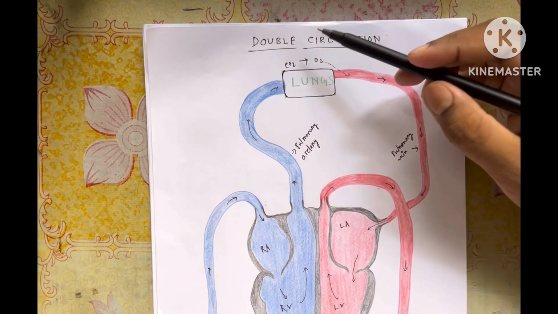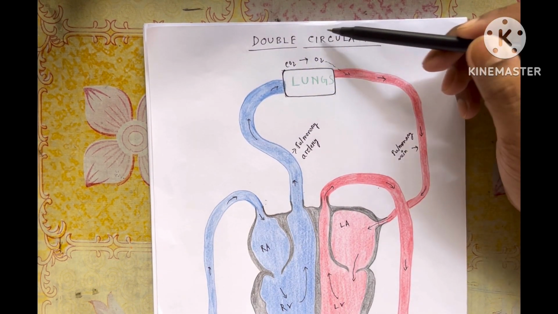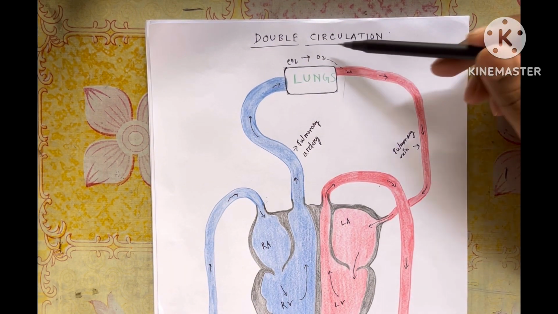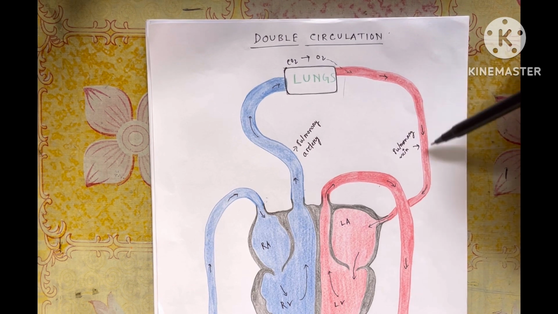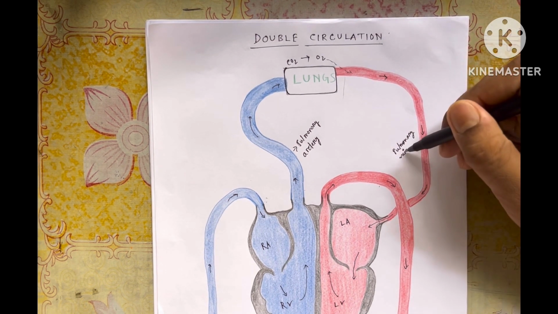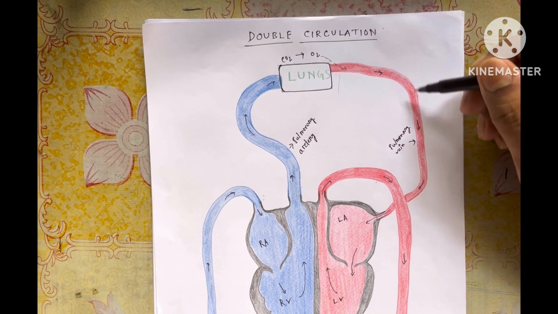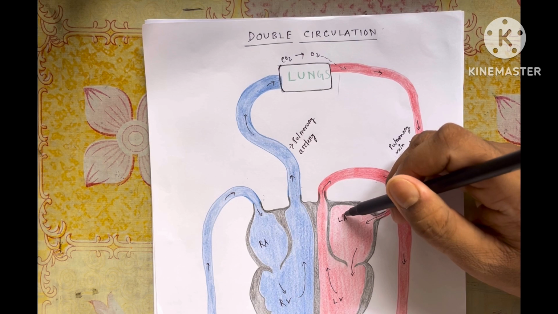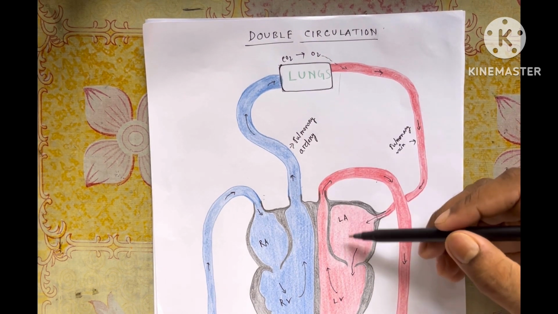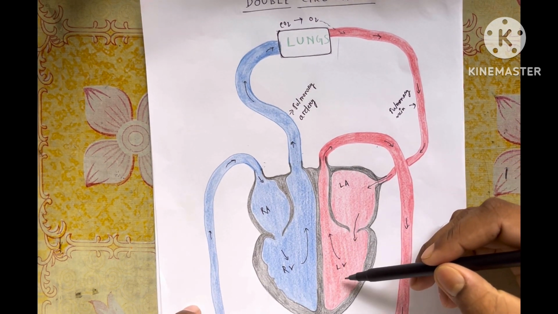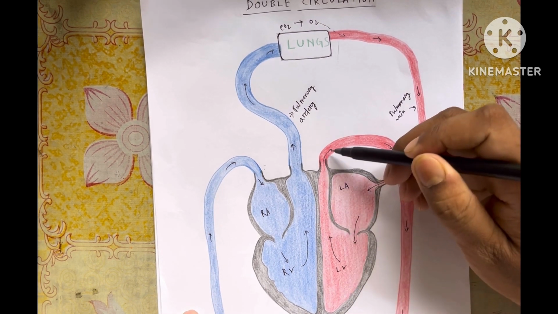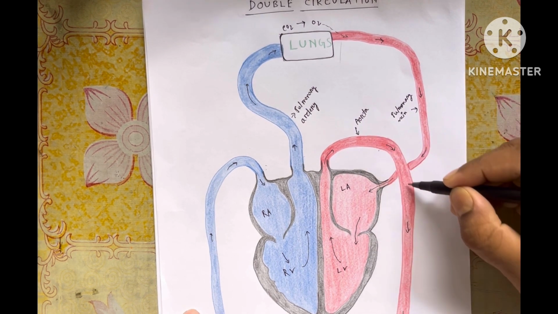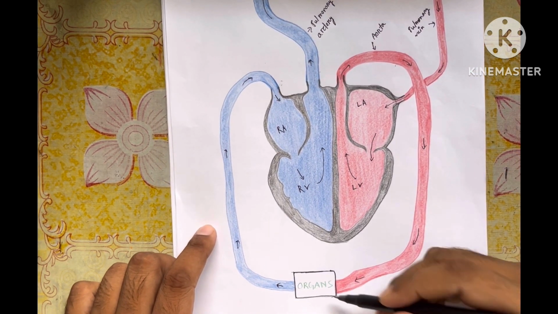I'm going to come to the definition of double circulation, but before that, we have to know what is the circulation. So this is the basic circulation. Through the pulmonary vein, the oxygenated blood comes to our left atrium, and from the left atrium, that blood is pushed to our left ventricle, and from the left ventricle through the aorta, our blood will go and reach our organs.